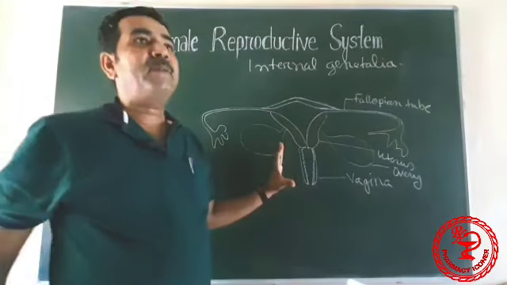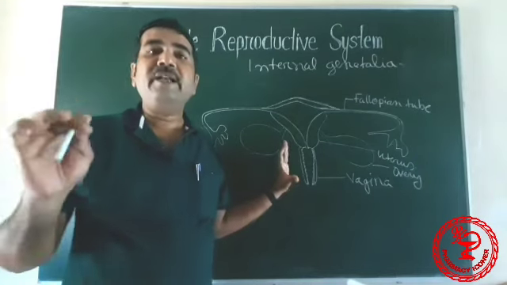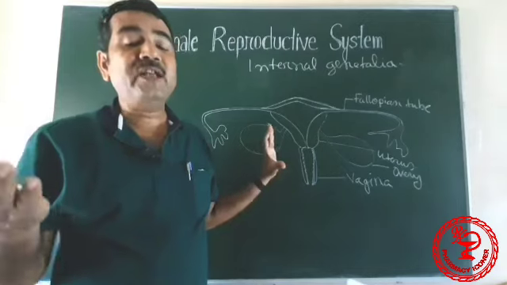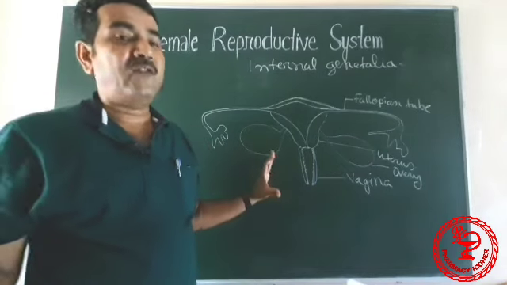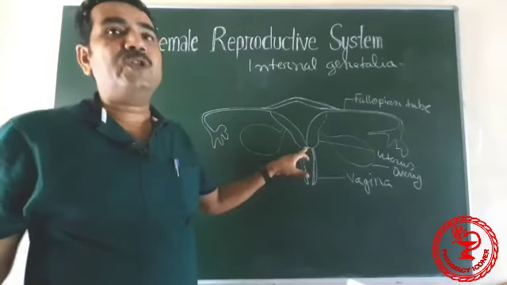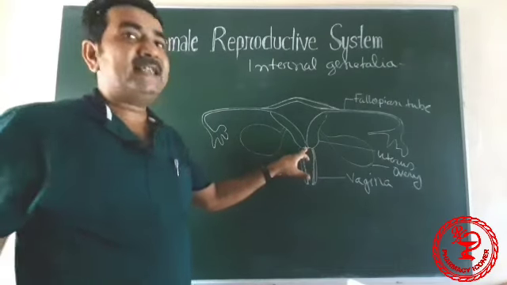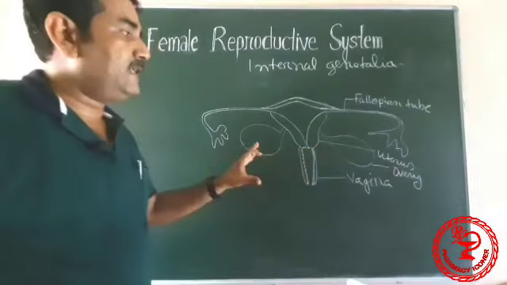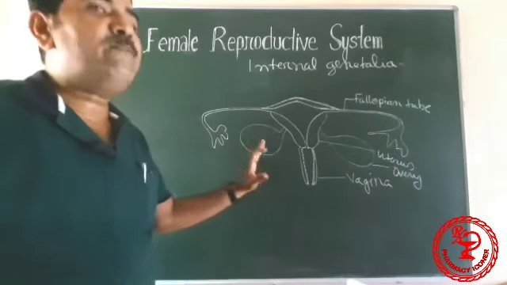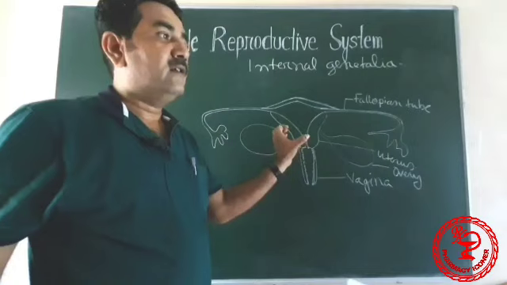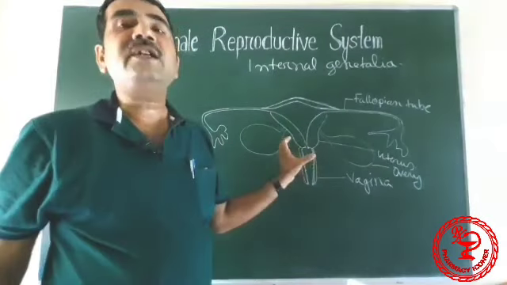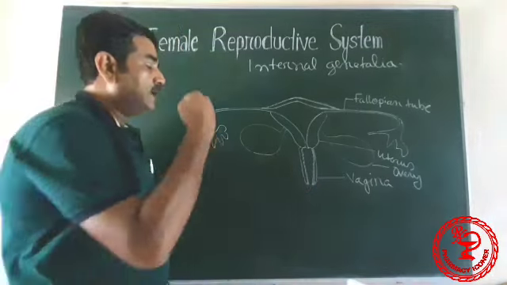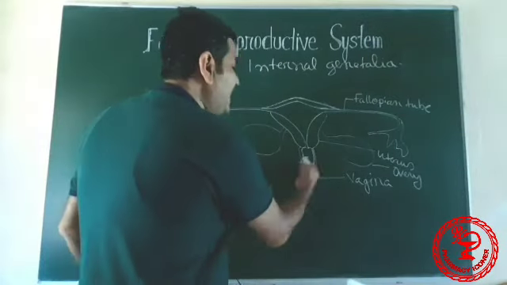Now the first part is vagina. It begins from the vaginal orifice of the vulva and extends up to the external os of the uterus. It is a fibromuscular organ, like a tube. It consists of three layers.